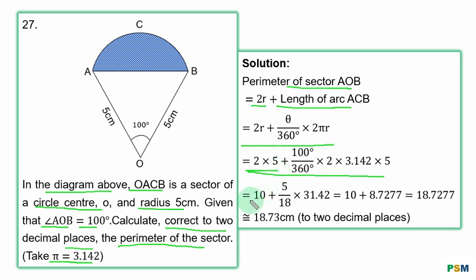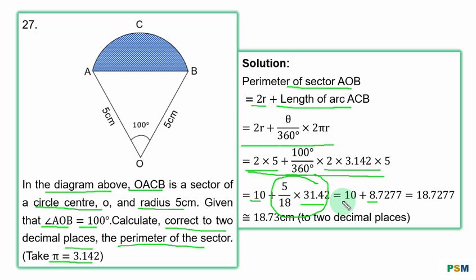If you multiply, you have 10. You simplify this fraction, 5 over 18 is remaining. You multiply these 3 terms together, you have this result. If you simplify this term, you have 8.7277.